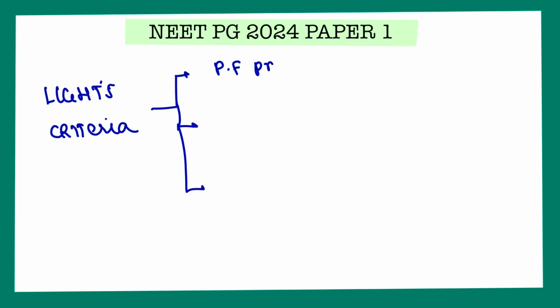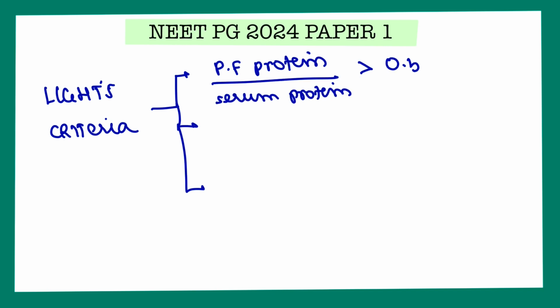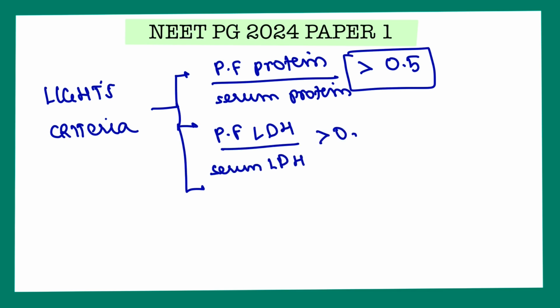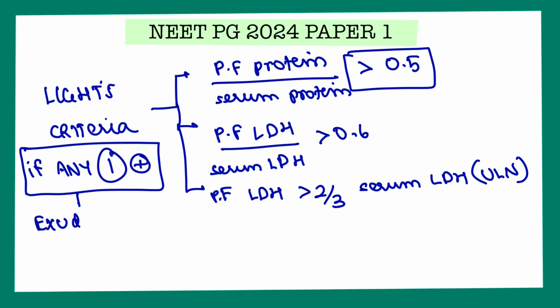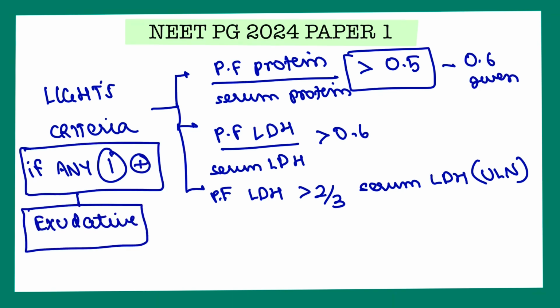It is Light's criteria, which tells that if the pleural fluid protein by serum protein ratio is more than 0.5, or pleural fluid LDH by serum LDH ratio is more than 0.6, or pleural fluid LDH is more than 2/3 of the serum LDH upper limit of normal, if one of the three is positive, then we tell it is an exudative pleural effusion. Here it was 0.6, so the answer should be tuberculosis, pleural tuberculosis.